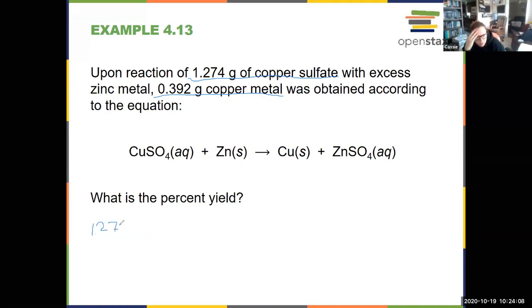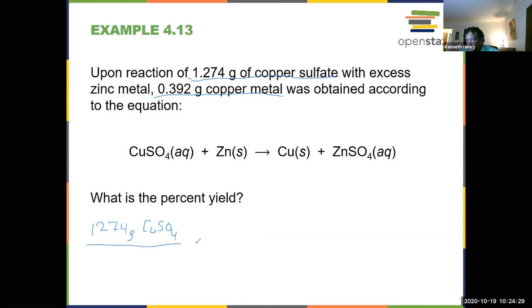We want to go 1.274 grams. What is the chemical formula for copper sulfate? It's copper(II) sulfate, so it's just CuSO4. And then what am I going to do with that?